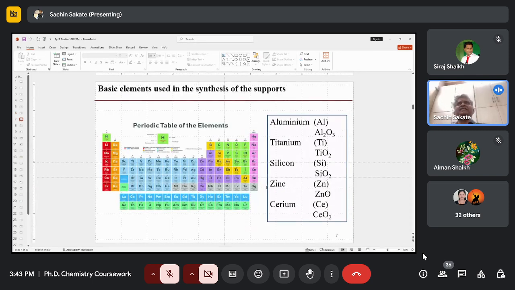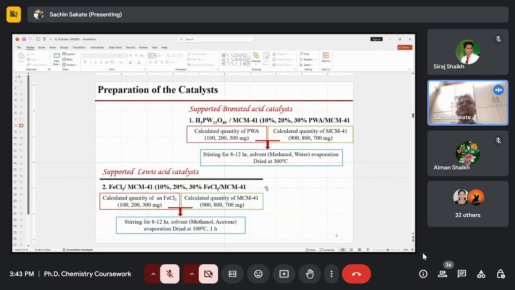Next, these are the basic elements used in the synthesis of support, like alumina, titania, silica, zinc oxide, and ceria. I have just given representative oxides, which are used in the form of support of various materials.